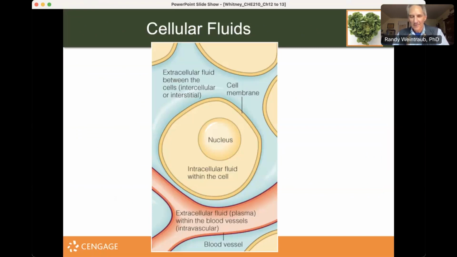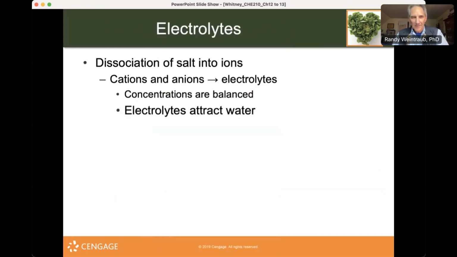And what is that balance important about? What is keeping extravascular volume maintained at the right proportions? Why is that important? Electrolytes. We can call them all salts. When we think of salts, it's not just table salt, sodium chloride.